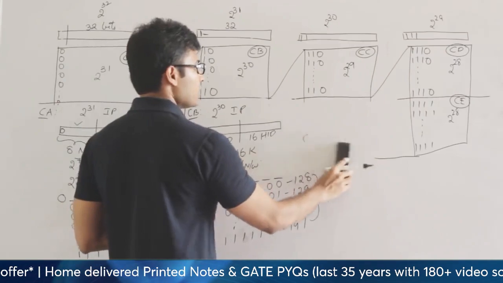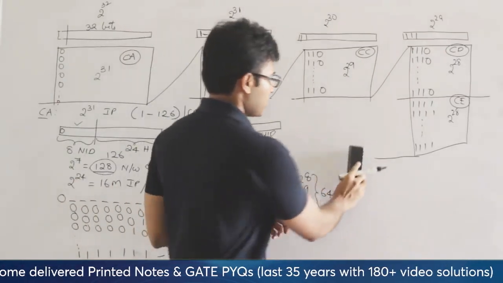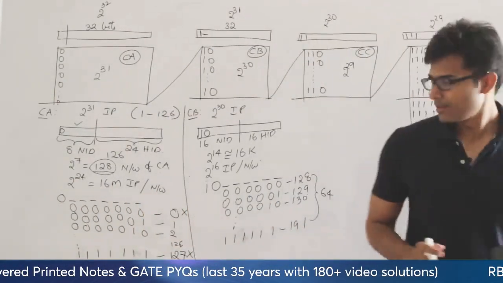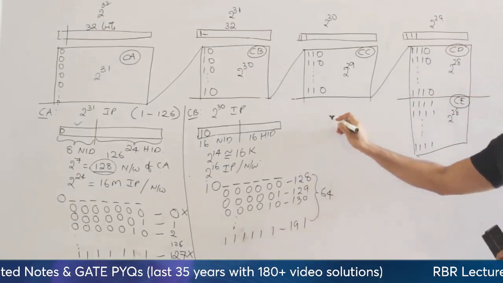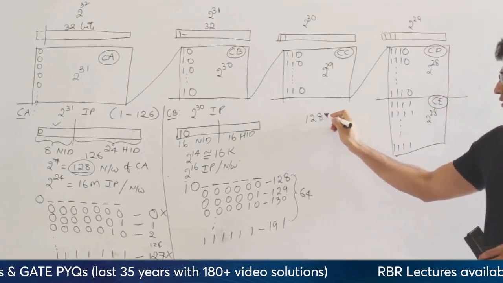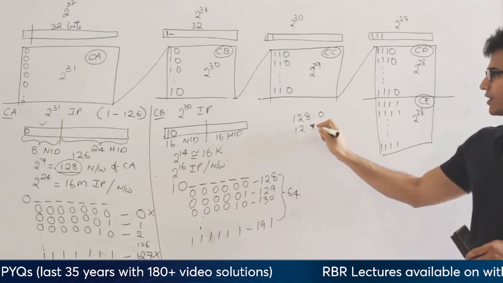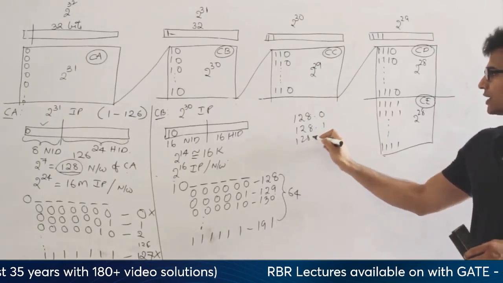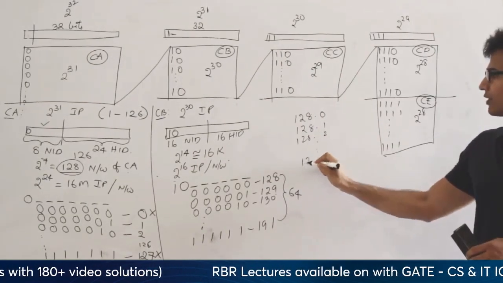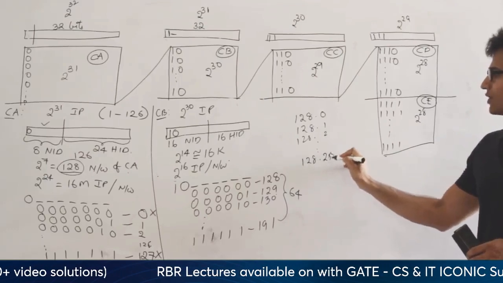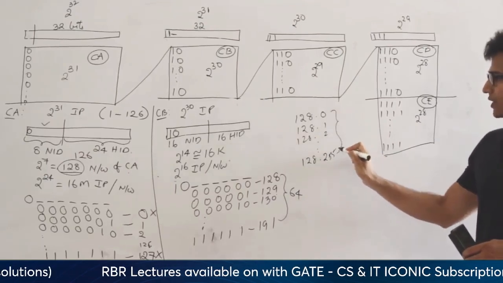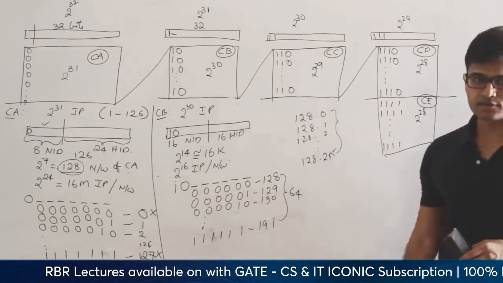If you want to see how they could be generated, observe this way. Even though I am showing you only the number 128, it is actually equivalent to 128.0, 128.1, 128.2, and so on, up to 128.255, which means every number is capable of generating 256 networks.